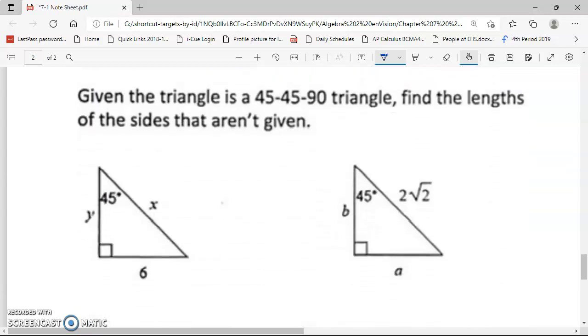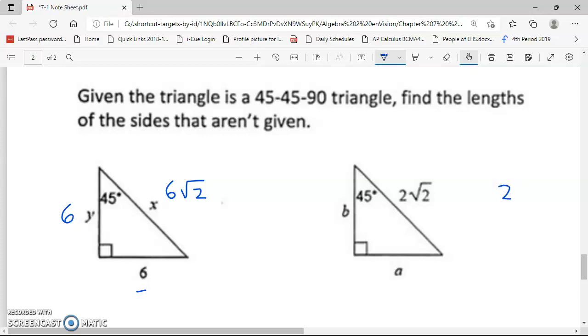All right, so here are some 45-45-90 triangles. We want to find the sides that we don't have. So since this side is 6, this side is 6, and the hypotenuse is going to be 6 root 2. This one's a little bit harder. We know the hypotenuse, but we don't know the two sides.